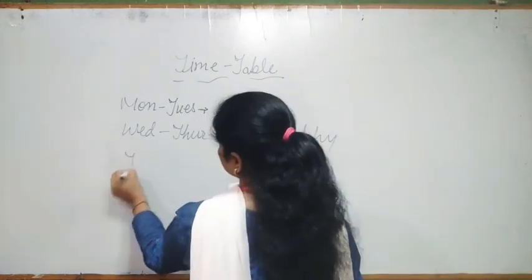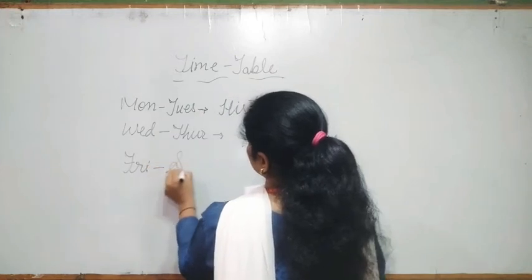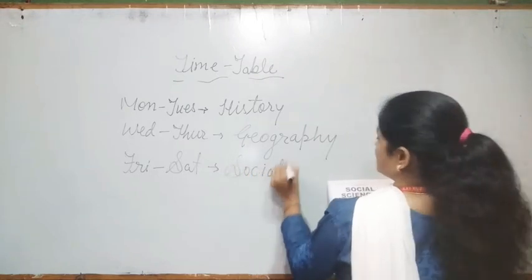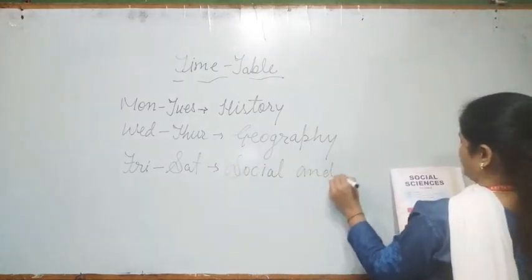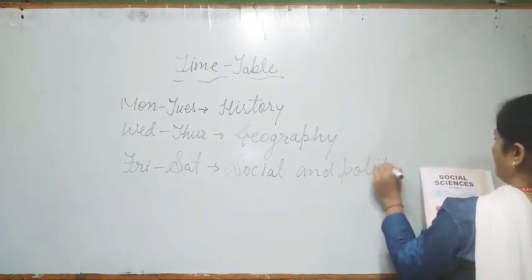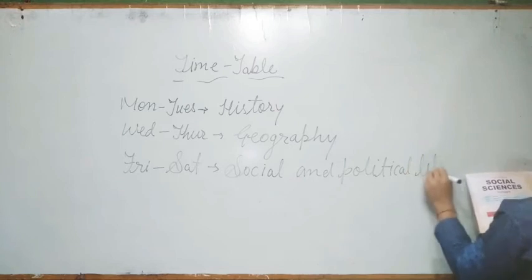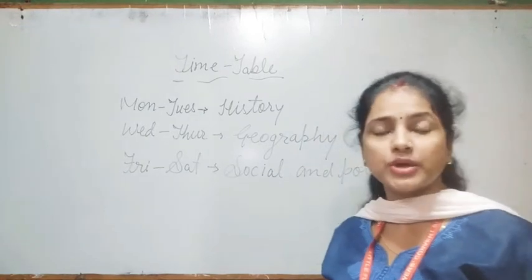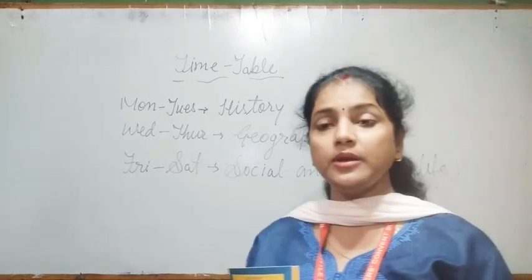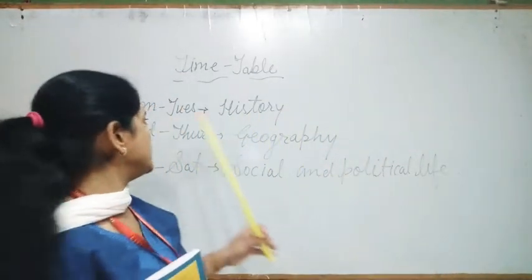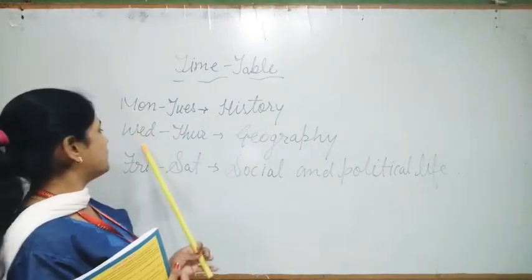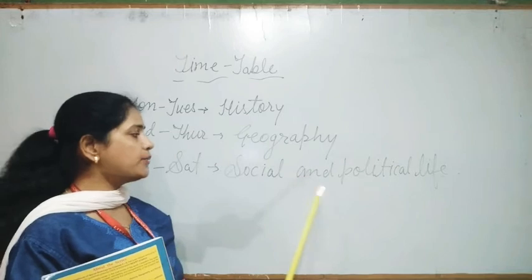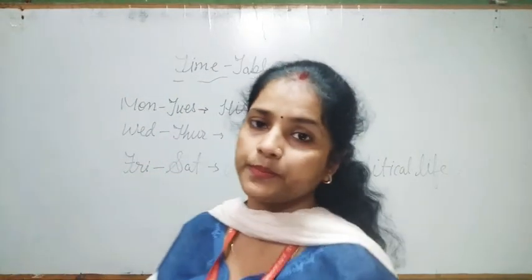And Friday to Saturday, it is your social and political life. Okay. This is your timetable. Just write it in your copy according to the day. Monday to Tuesday, history. Wednesday to Thursday, geography, and Friday to Saturday, social and political life, which means the civics section.